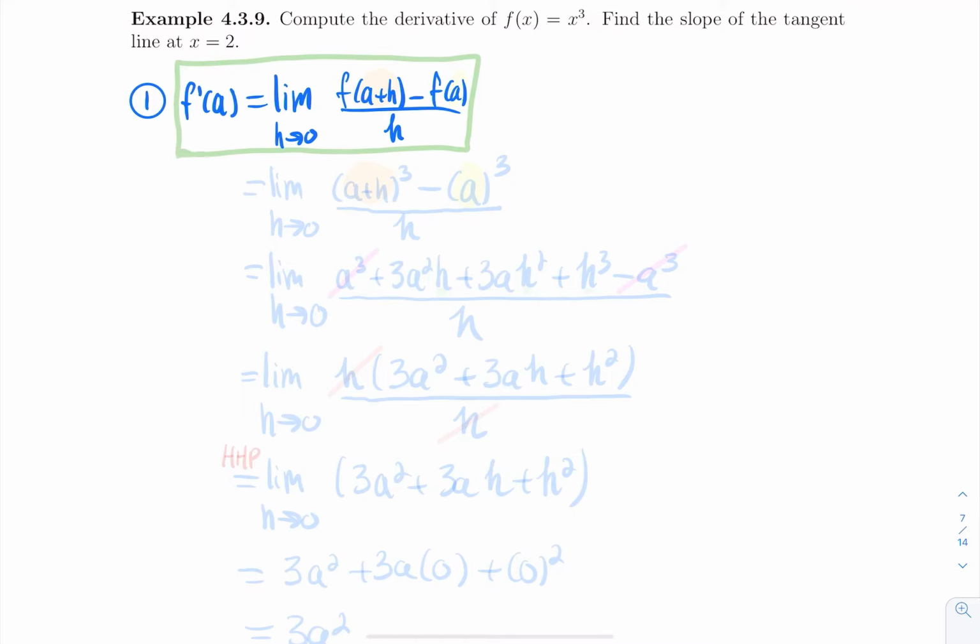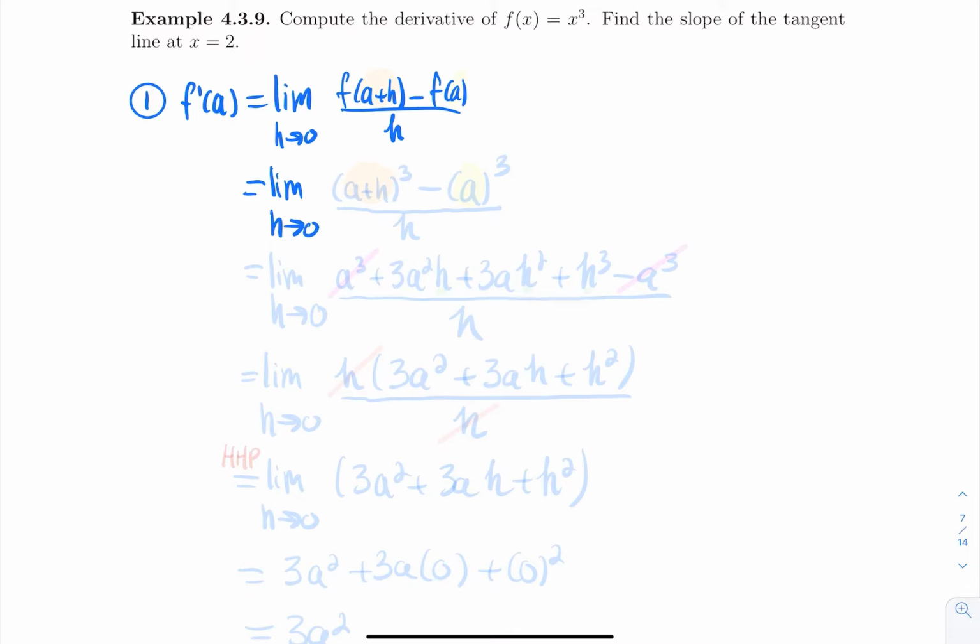And now what we want to do is replace these f's by their function. So here, if my input is a plus h and I'm cubing it, we get the limit as h goes to 0.